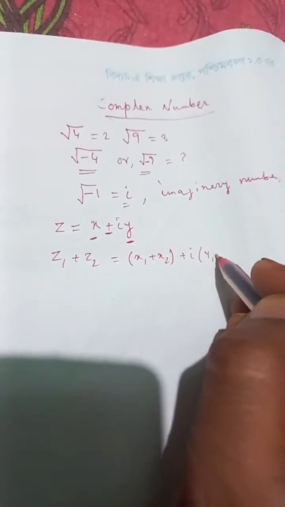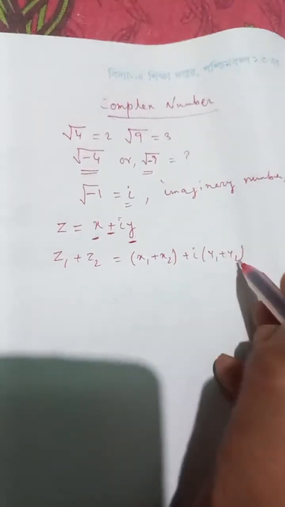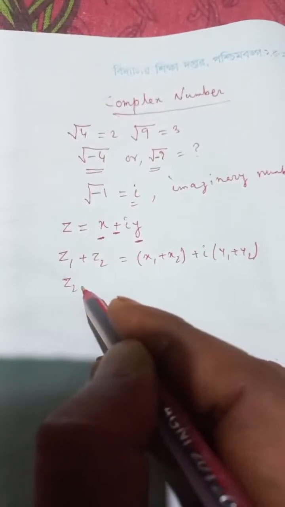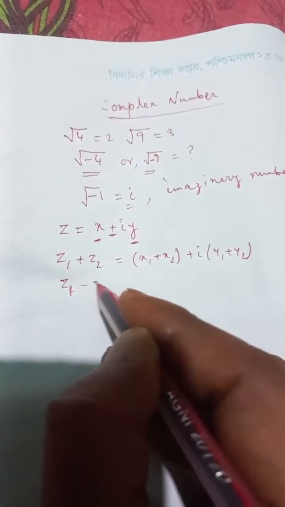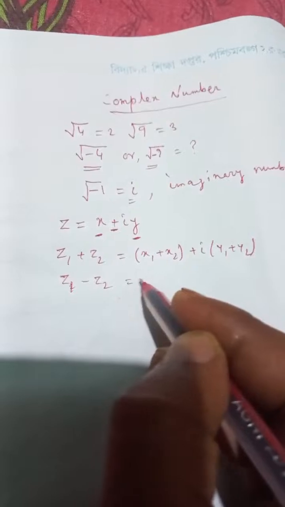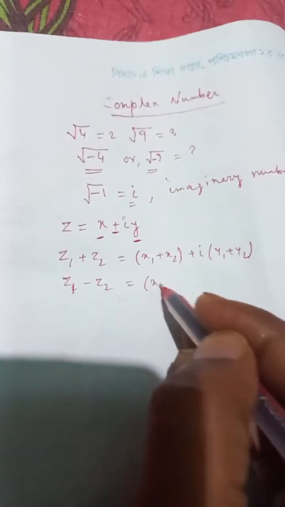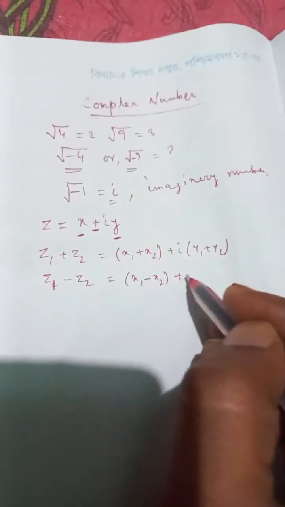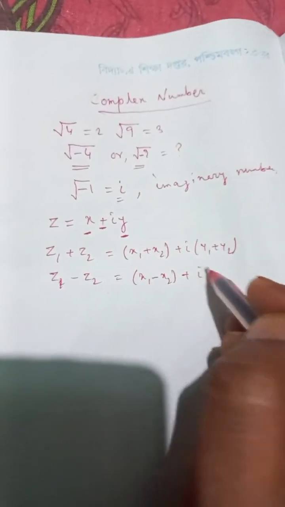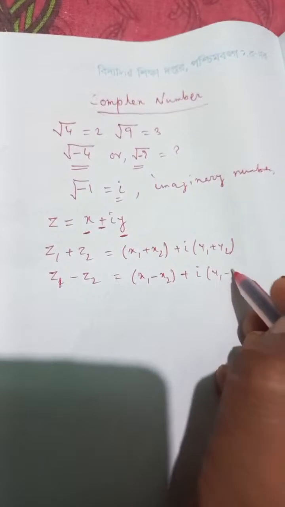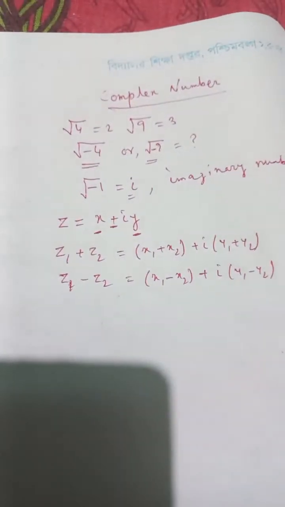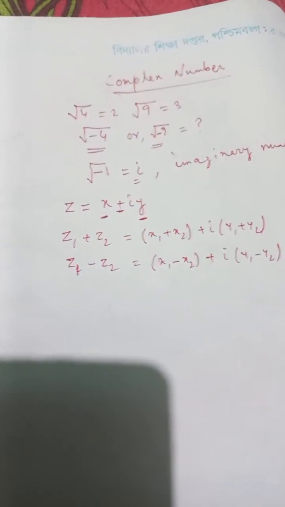We can also subtract two complex numbers, by subtracting real parts from real parts and imaginary parts from imaginary parts. We can multiply and divide also.